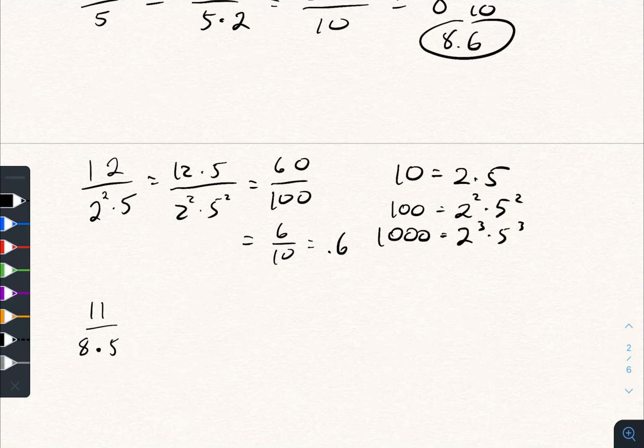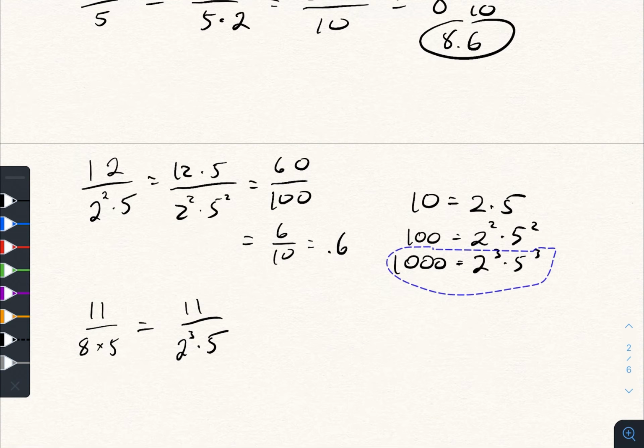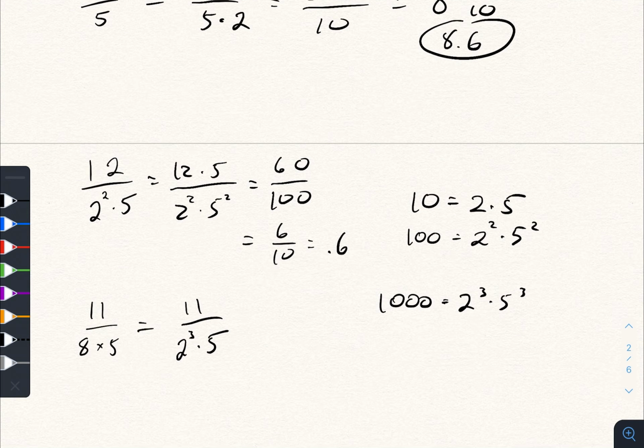Let's do another one right here. We have 11 over 8 times 5. That's supposed to be a multiplication symbol, not a decimal. Put a little x there. So this is the same as 11 over 2 cubed times 5. This is pretty close to being 1,000 for our denominator, because 2 cubed times 5 cubed makes 1,000. And we're missing 2 powers of 5 over here.